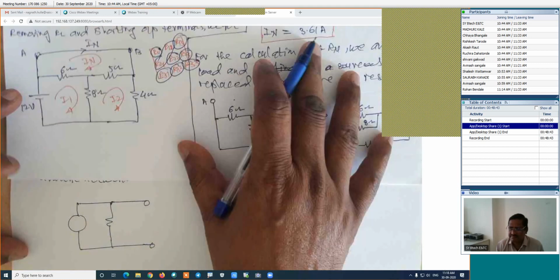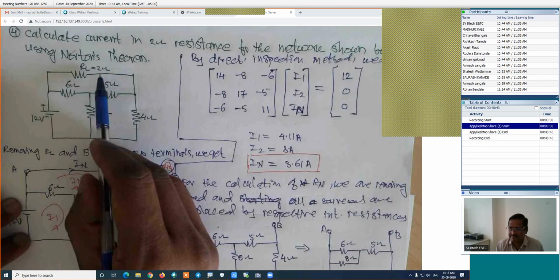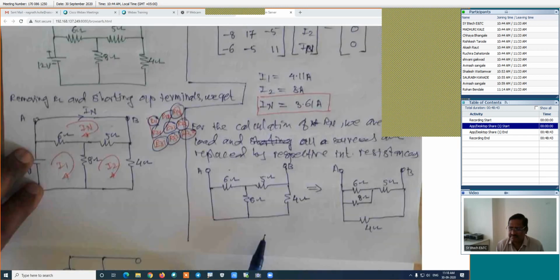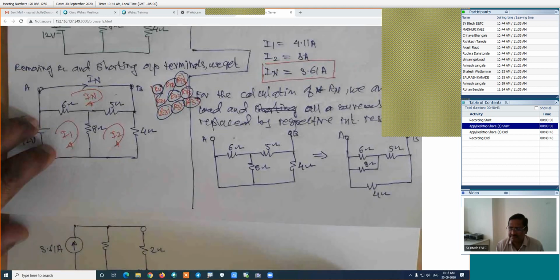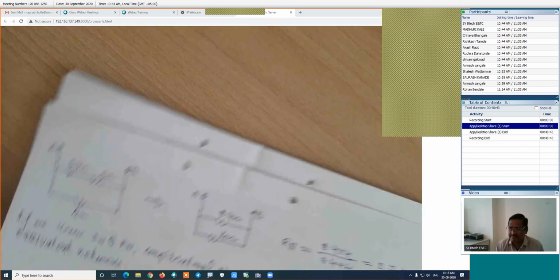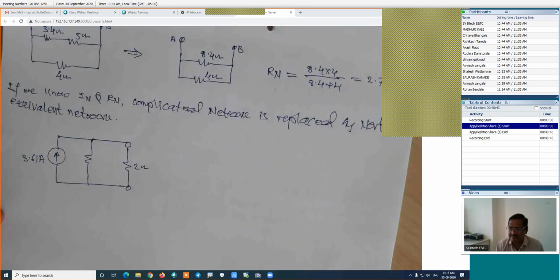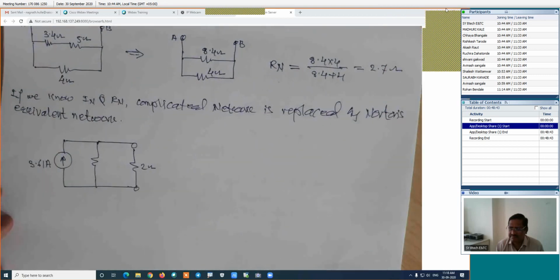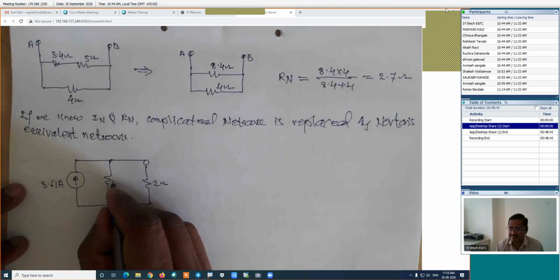How much is the load resistance in this problem? Load resistance is 2 ohm. And how much is the IN? 3.61. This is 2 ohm and this current is 3.61 amperes. Now, the Norton's equivalent resistance which we have calculated is 2.7 ohms. This will be the 2.7 ohm.